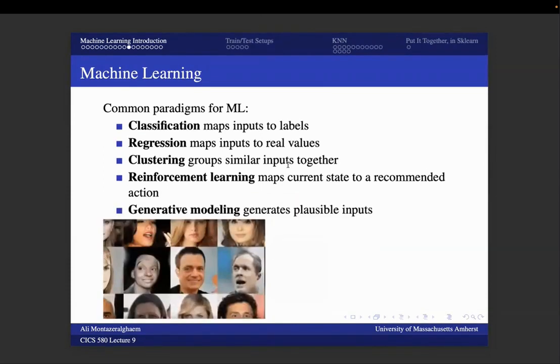And another one is generative models. In a generative model, we get some real data, and we want to generate some fake data that is very similar to the real data.